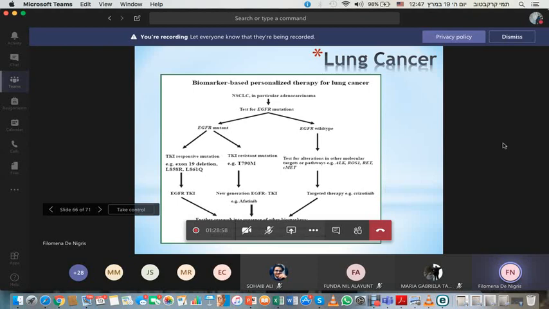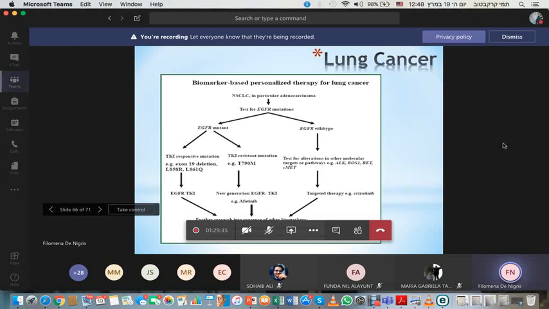This slide indicates the diagnostic pathway for lung cancer. For example, when we have a suspicion of lung cancer, we need to test for EGFR mutation. It's important because we can use this marker to treat patients depending on whether there is a mutation or it is wild type.